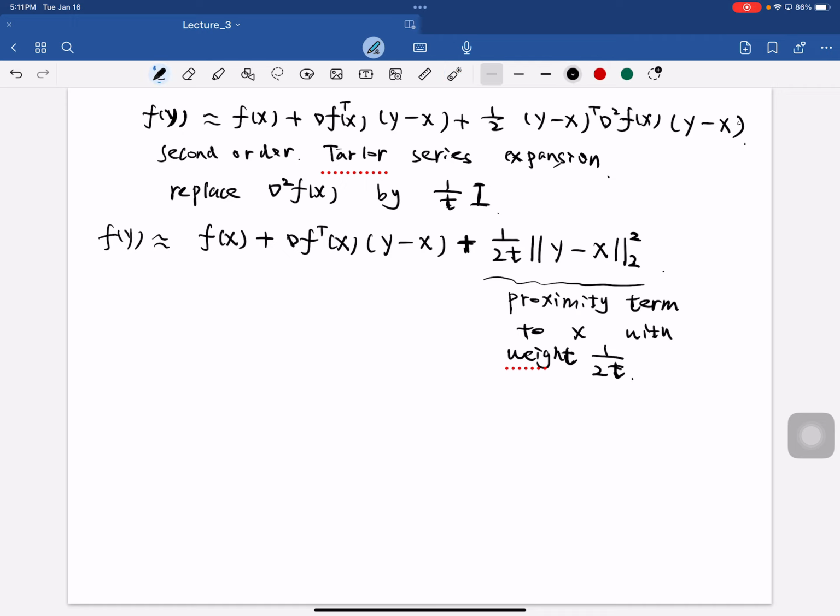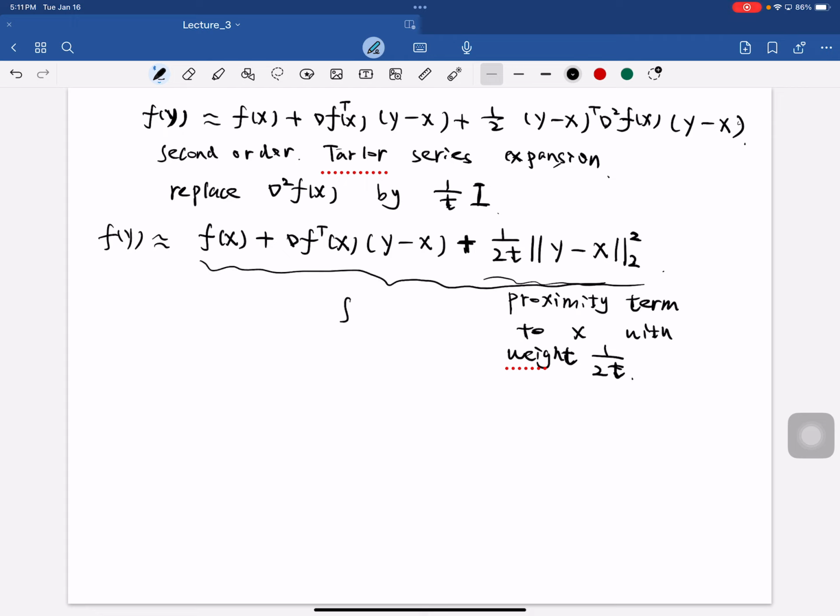And with that, if you try to minimize this function we constructed here, you will realize that you reproduce gradient descent. Okay, so let's try to do it. Right, so maybe let's call this approximation f hat (y).